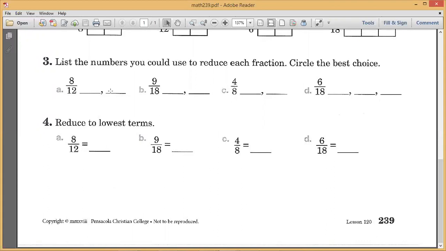Today it's all about the greatest common factor, and so first, let's talk about what GCF is. It's pretty simple. You just have to look at the name.